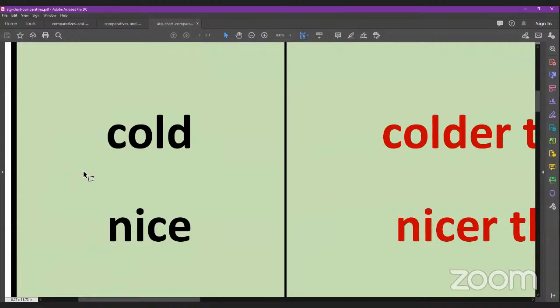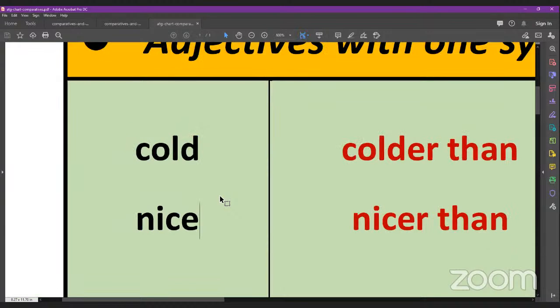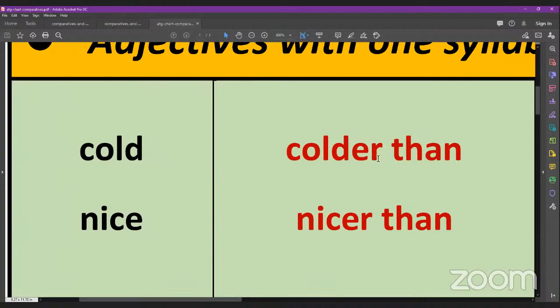you see this adjective, cold. Cold is an adjective and nice is an adjective. Both words are in positive. What do we need to do to switch from positive to comparative? Well, we need a suffix. You see the suffix in here?